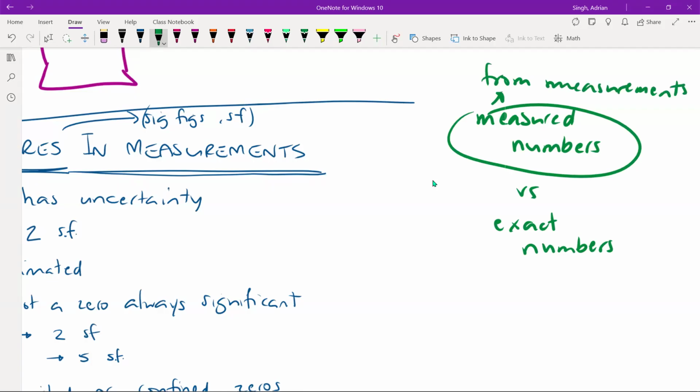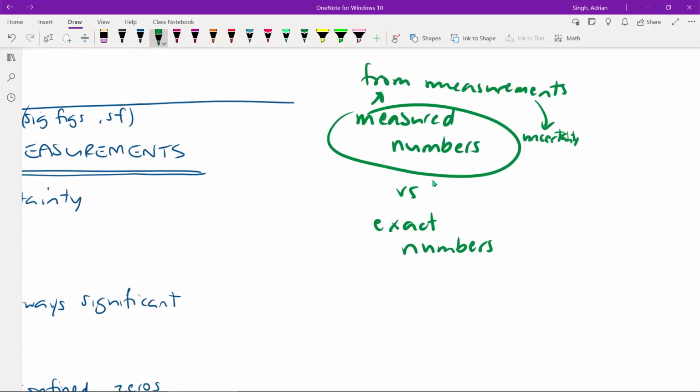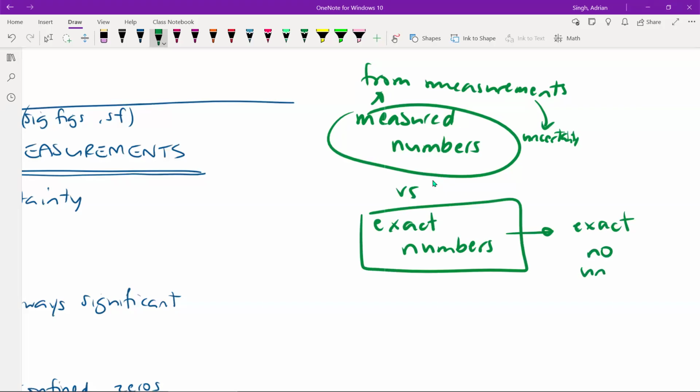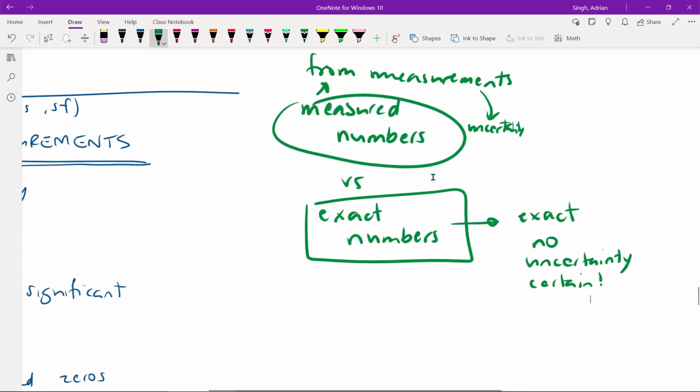Because we're getting them from measurements, there's going to be some degree of uncertainty associated with those measurements. That's just the nature of making measurements. Comparing that to an exact number, as the name suggests, an exact number is exact. There is no uncertainty associated with an exact number, meaning that we are certain of that measurement.